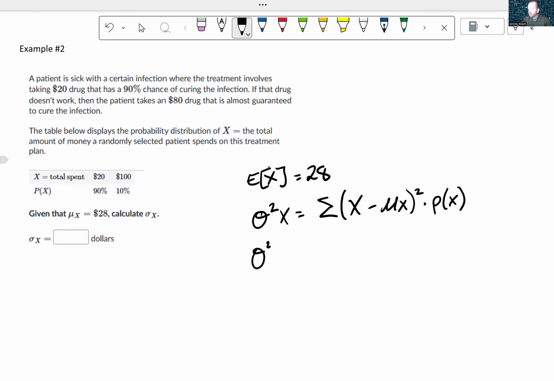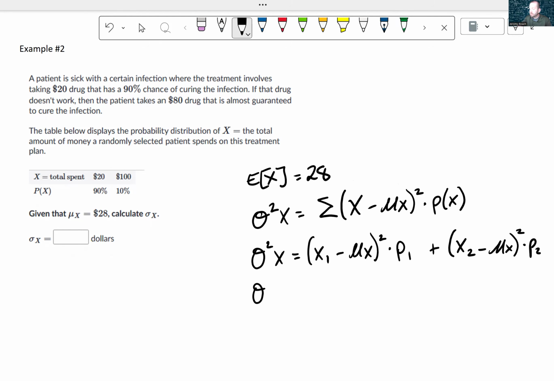So if we rewrite this, this becomes our first scenario minus the expected value squared times the probability of the first thing happening, plus our second scenario minus the expected value squared times the probability of the second thing happening.